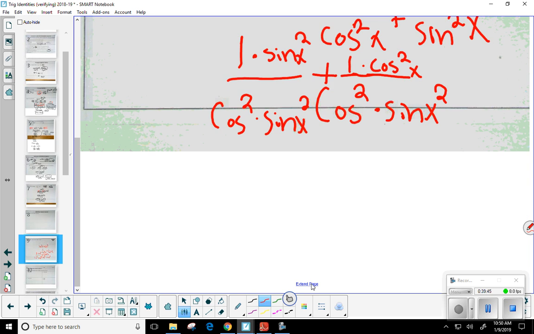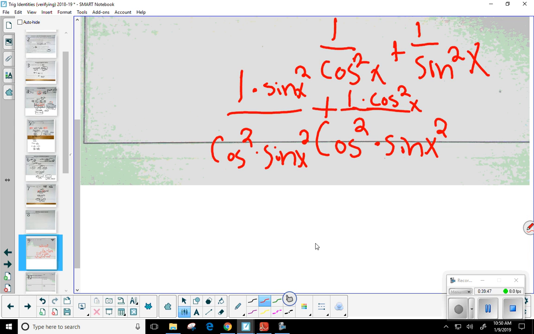Okay, so what we've done, she multiplied the left fraction by sine squared over sine squared. She multiplied the right one by cosine squared over cosine squared. So now they have the same denominator. We can pull those together. So it's going to be just one big fraction now.